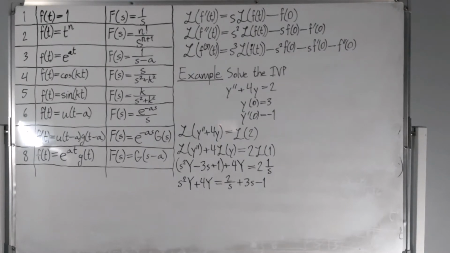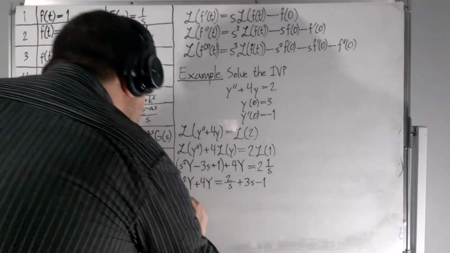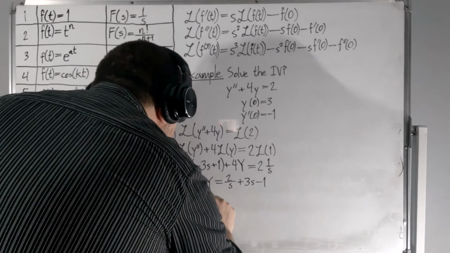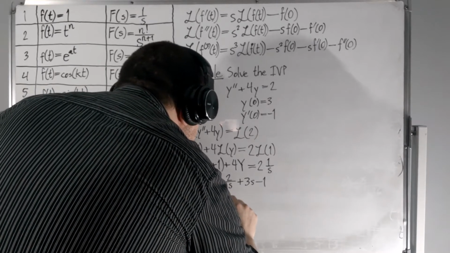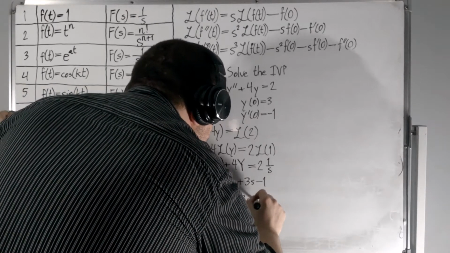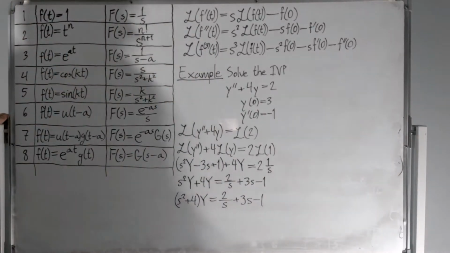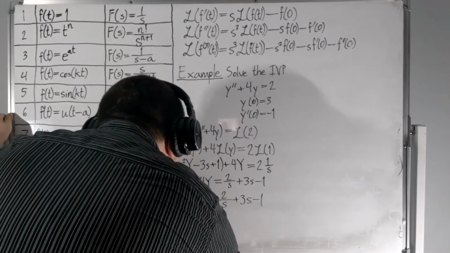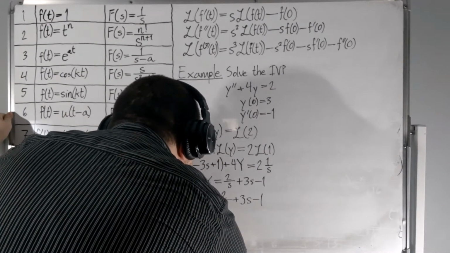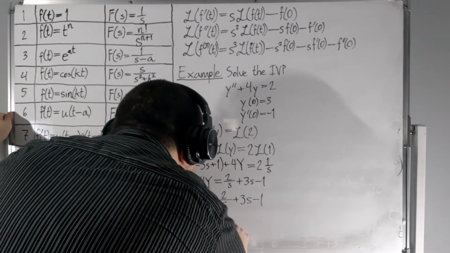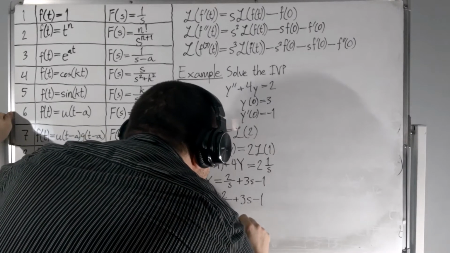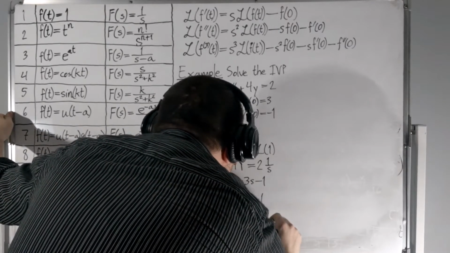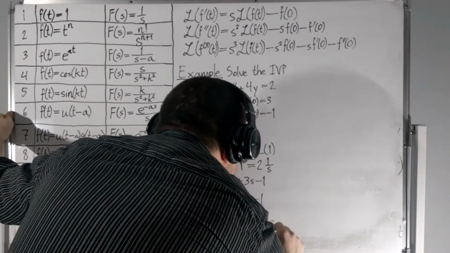You can factor out a y and get s squared plus 4 times y equals 2 over s plus 3s minus 1. And then in that case, y is going to be 2 over s times (s squared plus 4), plus (3s minus 1) divided by (s squared plus 4).